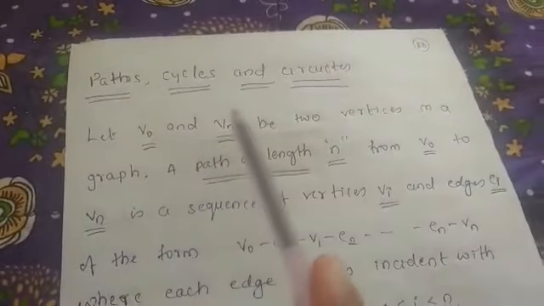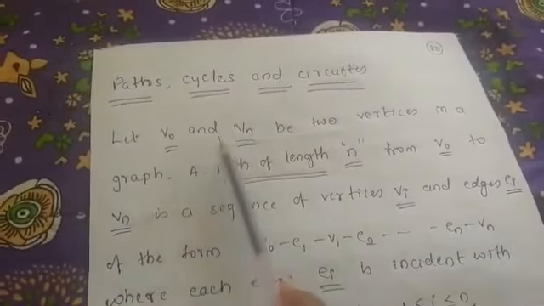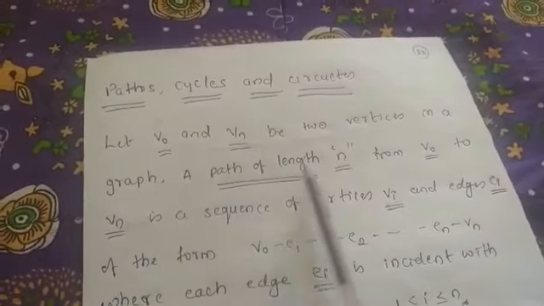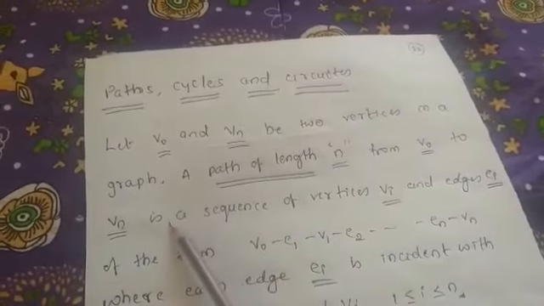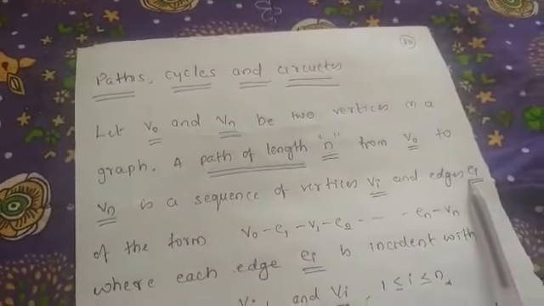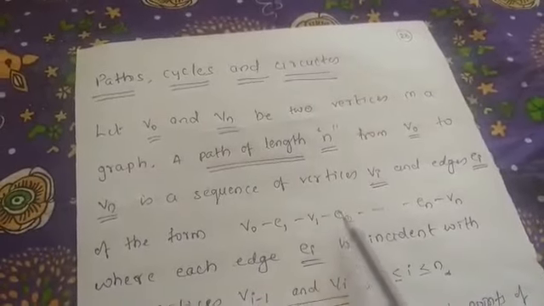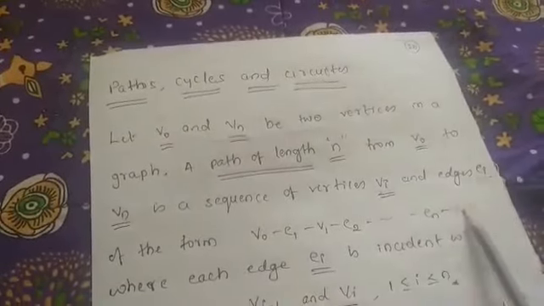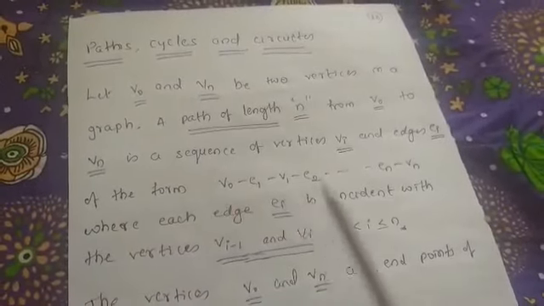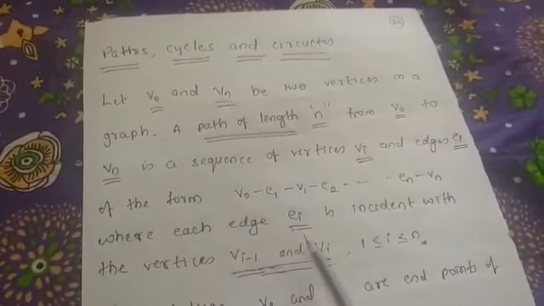Let V0 and Vn be two vertices in a graph. They need not be the same vertices; V0 and Vn are two different vertices. A path of length n from V0 to Vn is a sequence of vertices Vi and edges Ei of the form V0, E1, V1, E2, and so on, En, Vn, where each edge Ei is incident with vertices Vi minus 1 and Vi.